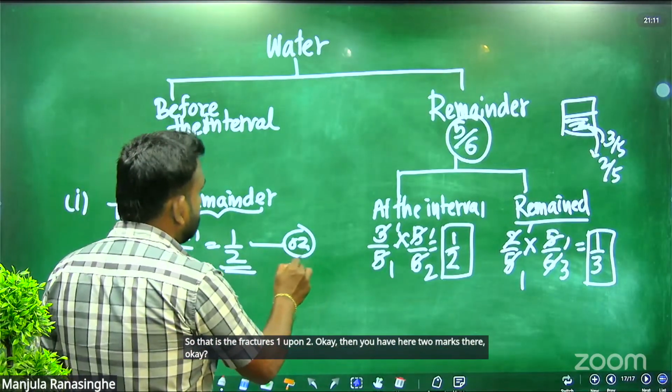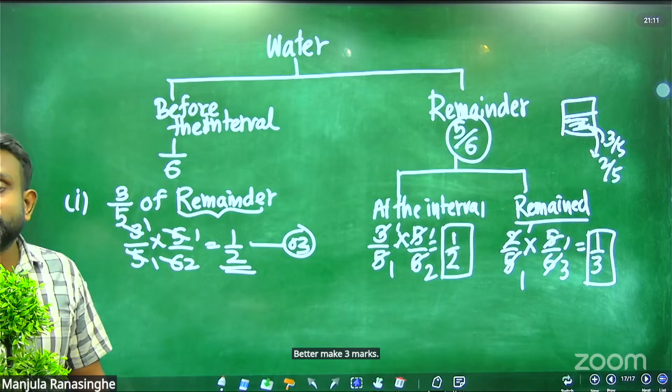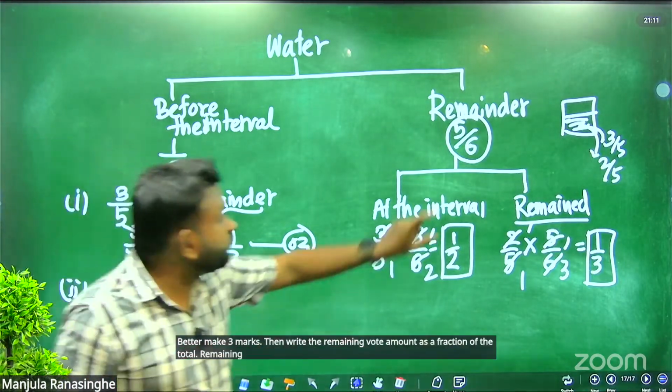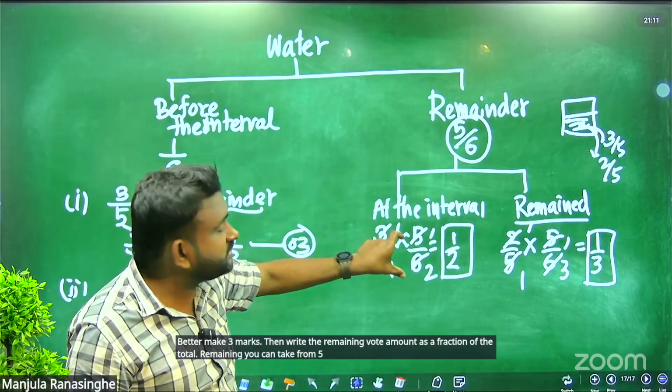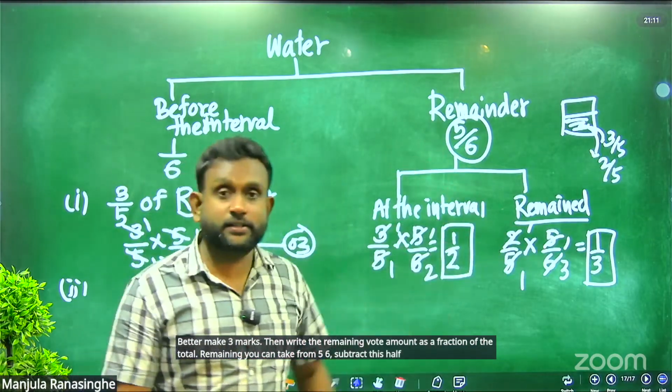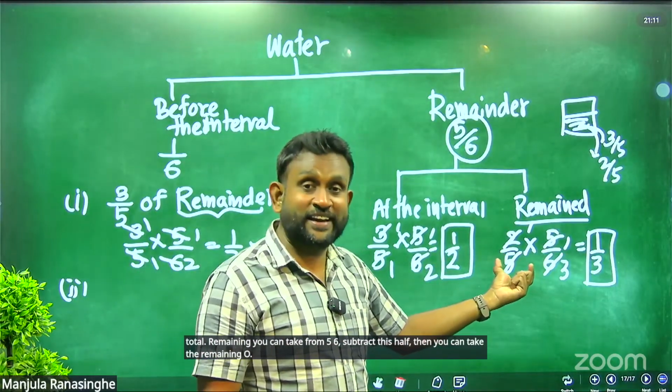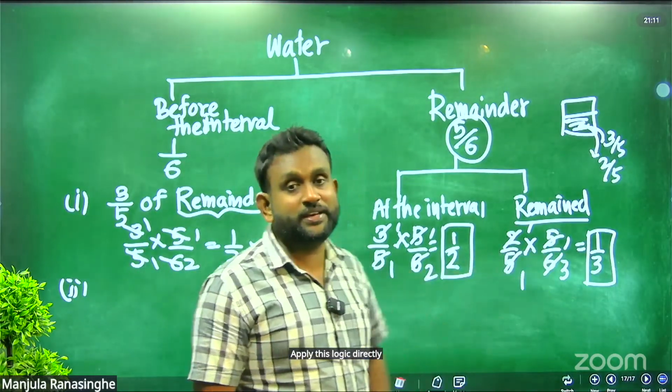Better make it 3 marks. Then write the remaining water amount as a fraction of the total. Remaining, you can take 5/6 and subtract this half, then you can take the remaining, or apply this logic directly. 2/5 of the remaining is what remains.